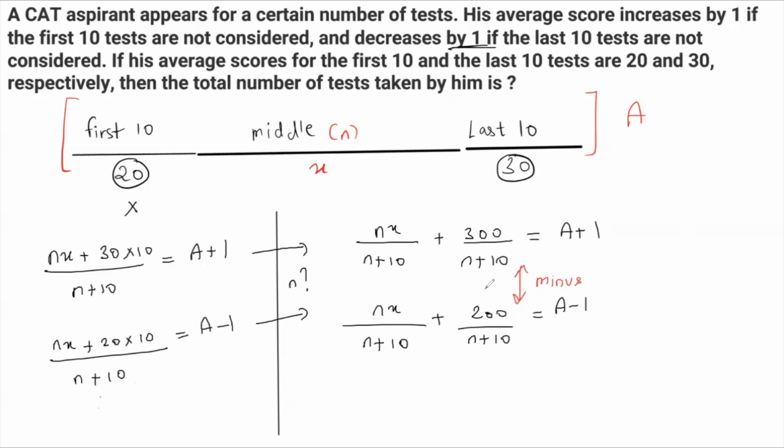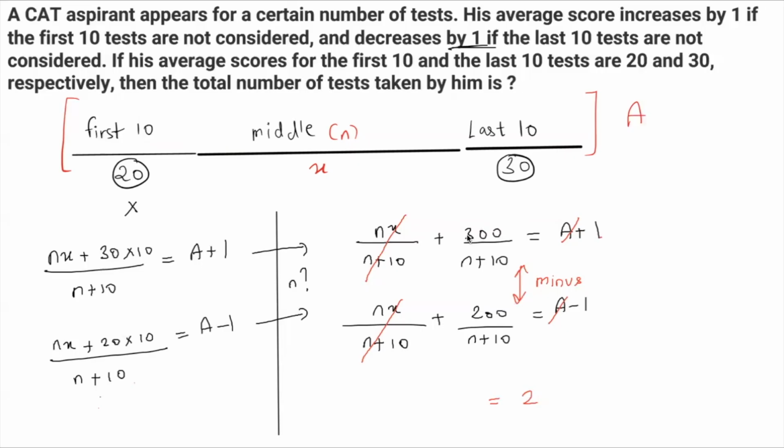Okay, when I subtract these two equations, nx upon n plus 10 minus nx upon n plus 10 becomes cancelled, or 0. A plus 1 minus A minus 1, so A and minus A will get cancelled. On the right hand side, 1 minus minus 1 will simply become 2. So on the right hand side, I simply have a 2 remaining.